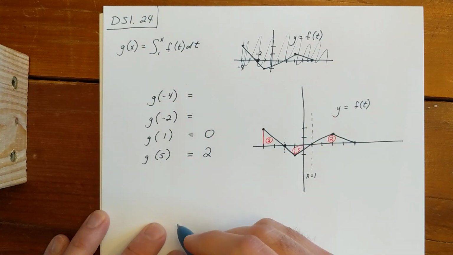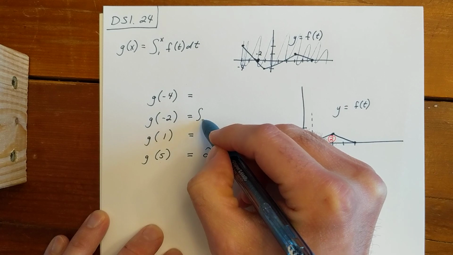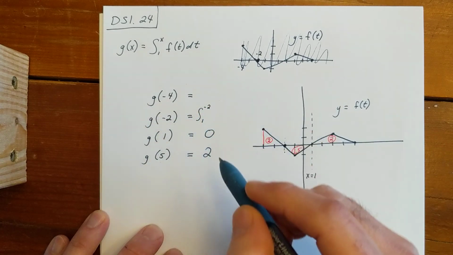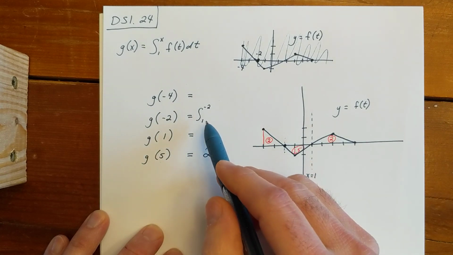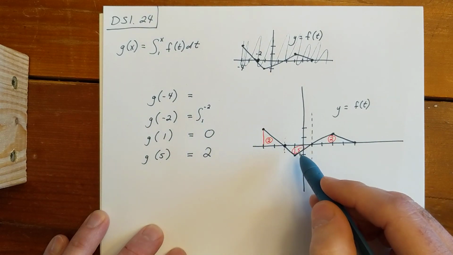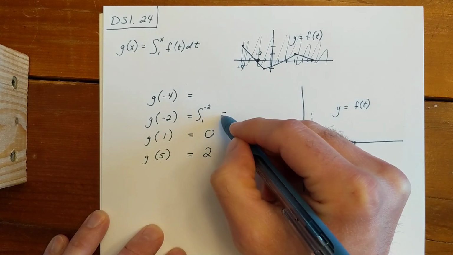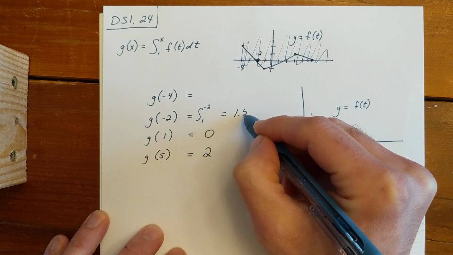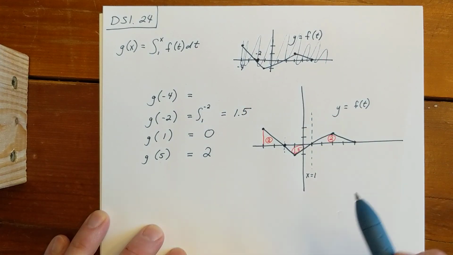But the thing to remember is that g of -2 would actually be an integral starting at 1 and ending at -2. Those limits are backwards, which means this answer is going to be the opposite of what it would normally be. Normally that would be a -1.5, so the opposite of that means that this one is going to be positive. That's a tricky part right there.